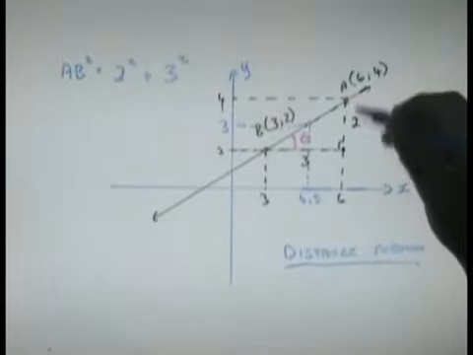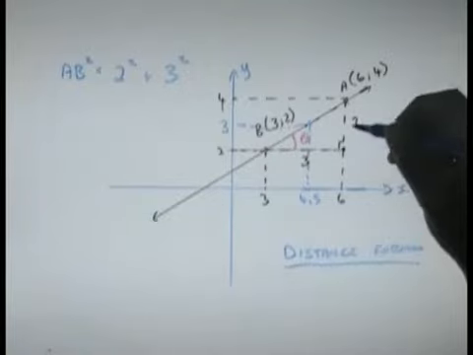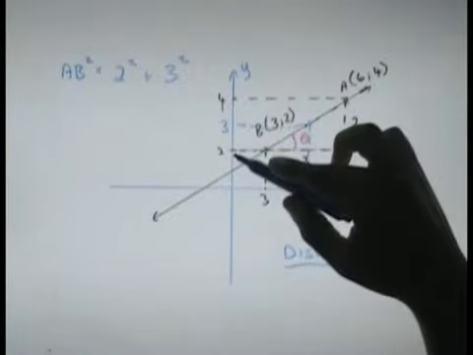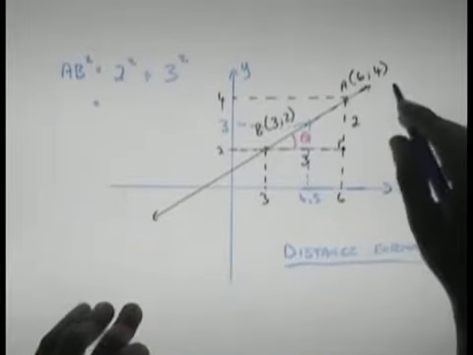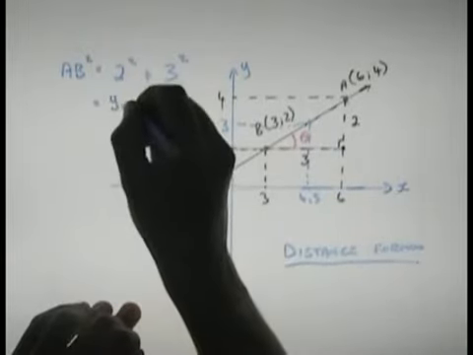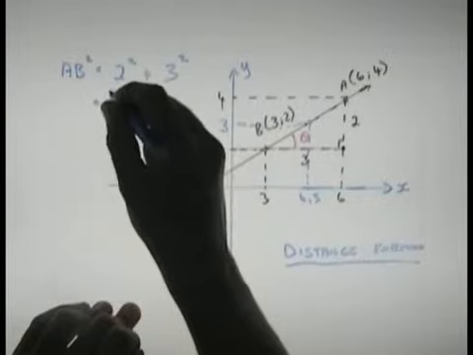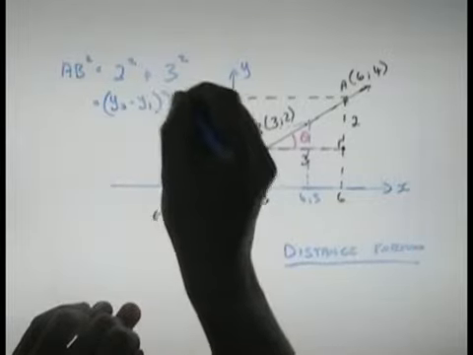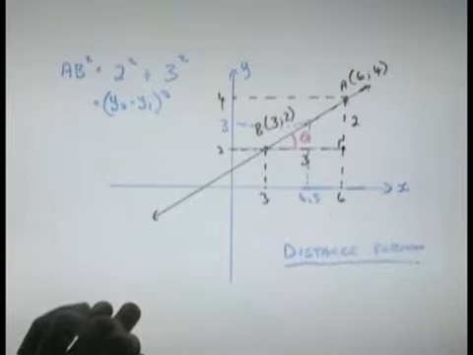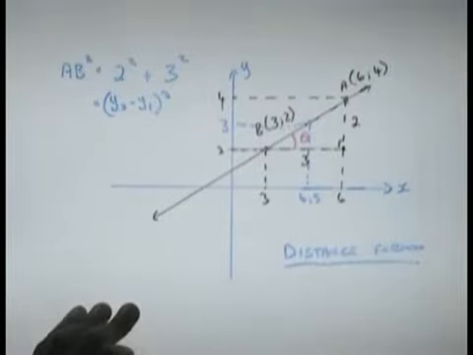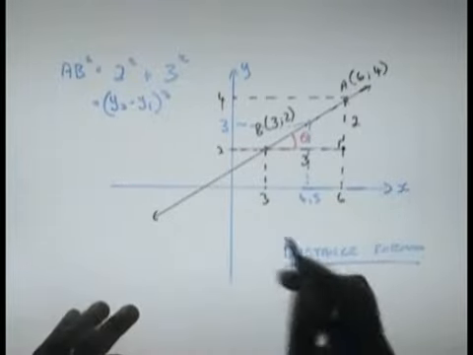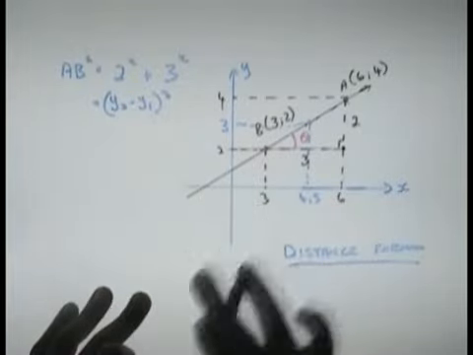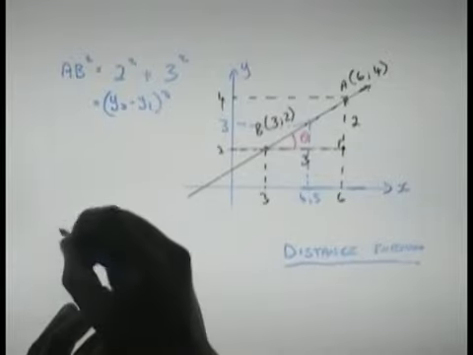But how did we get to that distance 2? We had to say 4 minus 2. Alternatively, to get to 2, we said y2 minus y1, and that's 2, so that's squared, right? And the same is going to be done for the x. Let's just erase this and write it down over here.